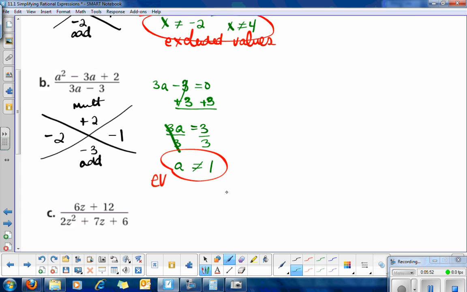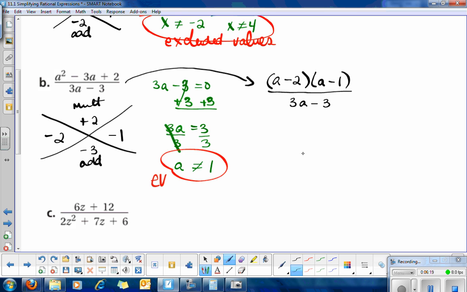So we know that our binomials, the numerator is going to be a minus 2 times a minus 1, over 3a minus 3. Well, I don't see anything that can cancel here right now, but I can see that there's a 3 here and a 3 here.